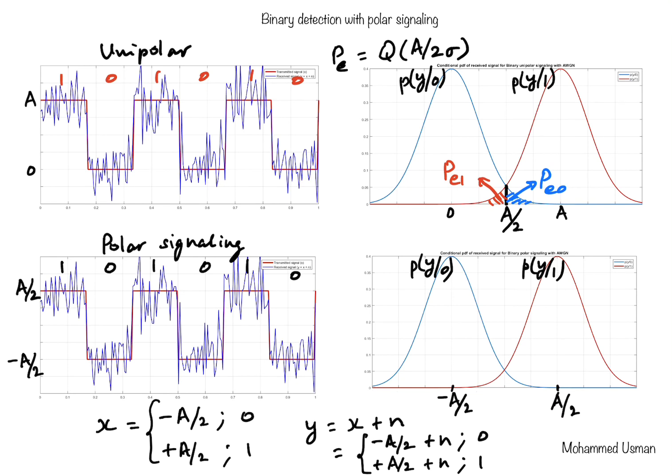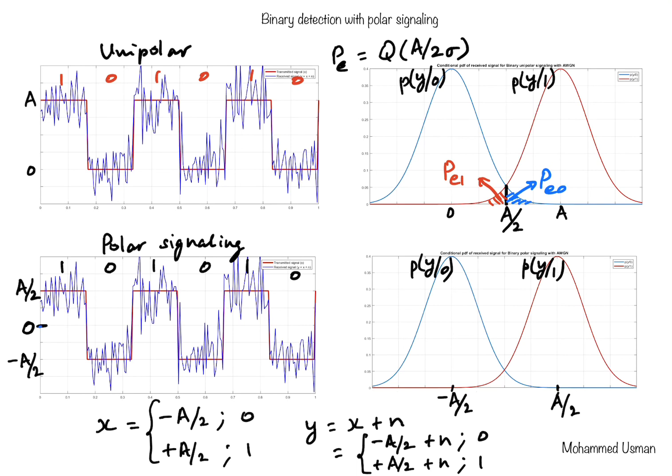Okay, and now we will proceed with the analysis in the same way as we did in the unipolar case. So we first have to make a decision threshold. The decision threshold again is going to be the midpoint between minus A by 2 and plus A by 2. The midpoint, the central value, is 0.